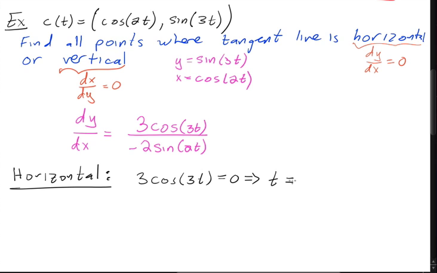Because it's when 3t is pi over 2, or 3 pi over 2, and so on and so forth, right? And then this is plus or minus, right? So that means that it's horizontal at t equals pi over 6, pi over 2.